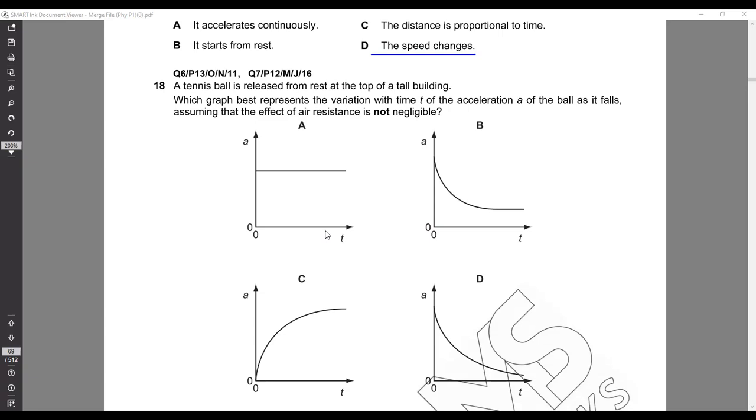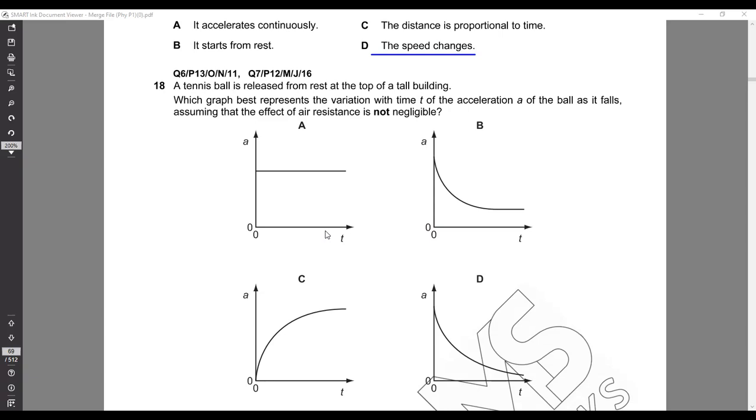Okay, Tanya, what's your answer for question 18? Tanya, waiting for your answer so I can discuss it.